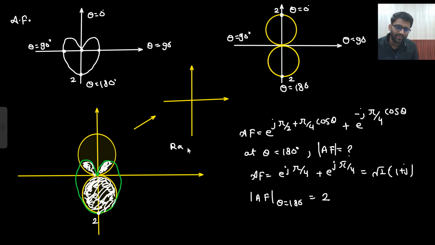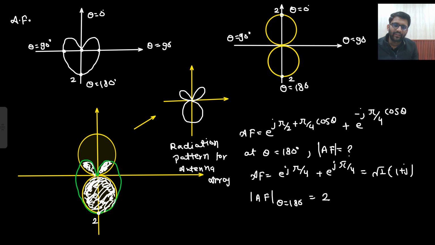This is the radiation pattern for the antenna array. So one lobe like this here, another lobe like this here, and then downward there is a circle. Downward there is a circle. This is how the final radiation pattern looks.